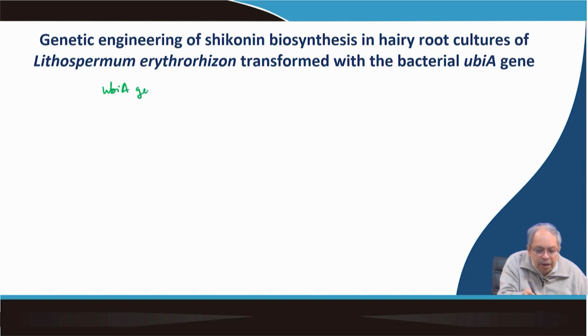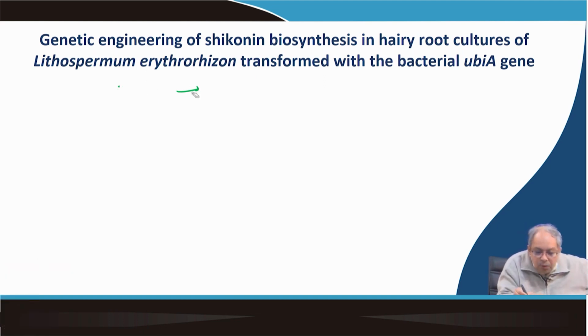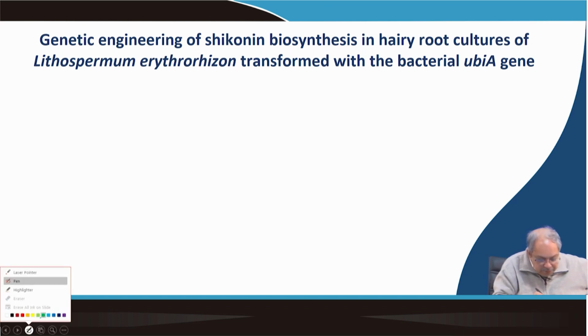The UBIA gene basically encodes a plant 4-hydroxybenzoate geranyl transferase.